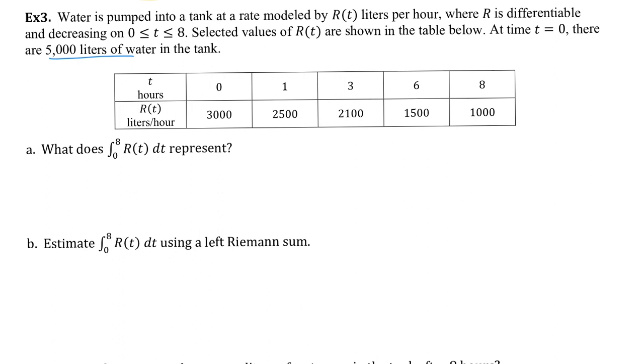Okay, so the first question is, what does the integral from 0 to 8 of R of t dt represent? Well, R of t is a rate. It's the rate in liters per hour. So if I integrate a rate, I should get the net change. What is it a change in?